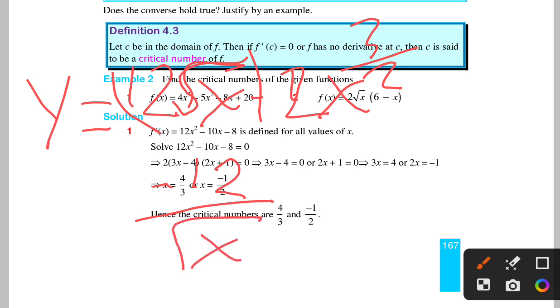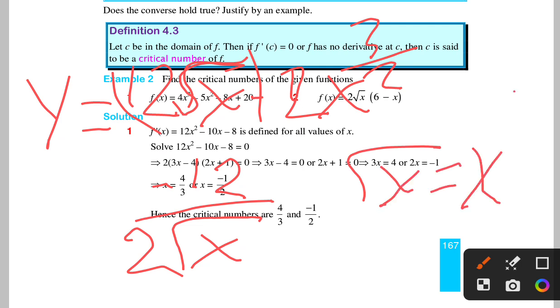When we derive radical x, there is 2 also, because radical x equal to x to the 1 over 2.